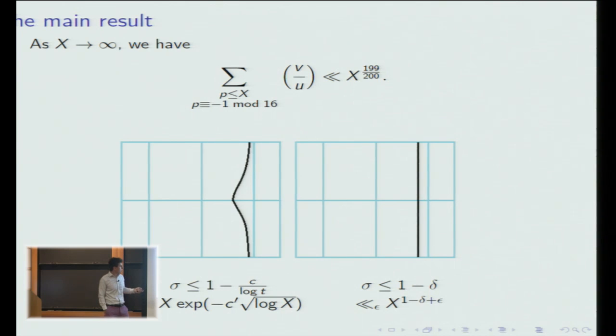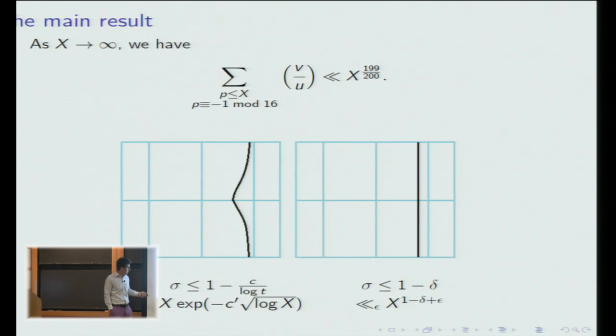The best known zero free regions for L functions are of this type. So this is the line real part equal to 1/2, and this is real part equal to 1. The best known zero free regions are of this type, where the region tapers off and gets closer to real part equals 1 as the imaginary part goes to infinity.